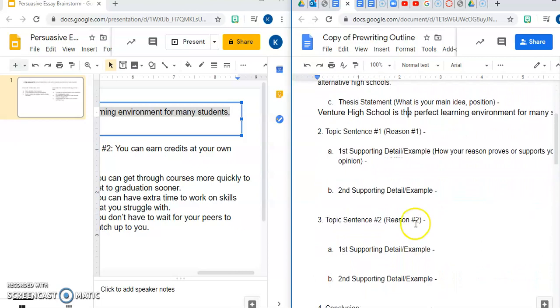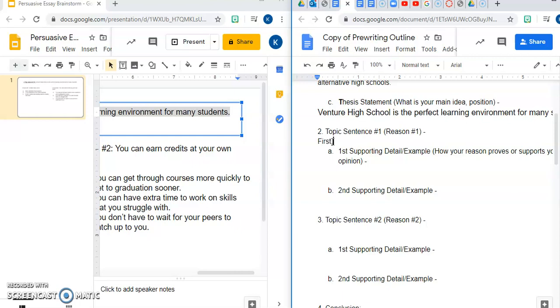Now we have our topic sentence. This topic sentence, what I'm going to look for from you, what is always a great thing to do, is to first have a transition word. Transition words are those things that are kind of guiding you. They're pointing you in the right direction. So those would be things like first, next, then, in addition to. So with your first topic sentence, first is always a great option here.